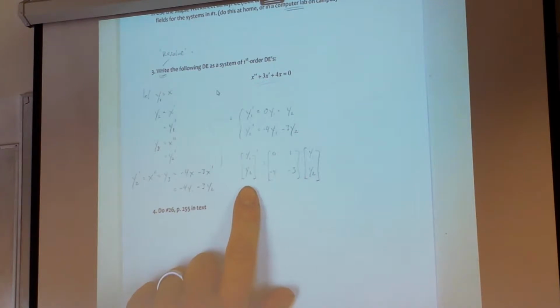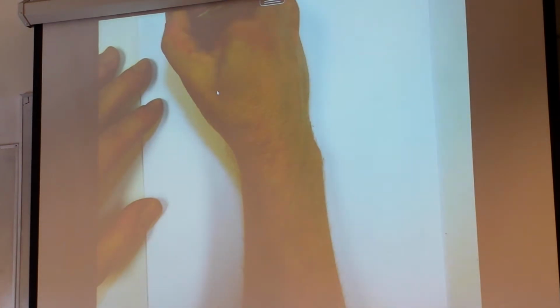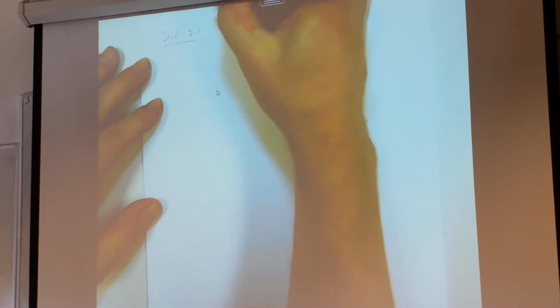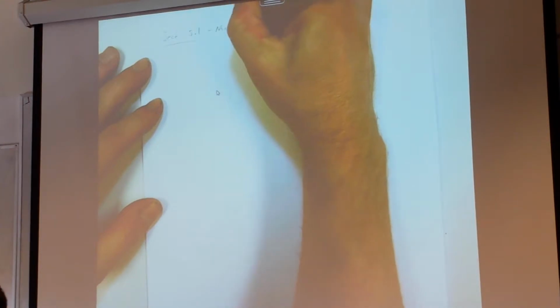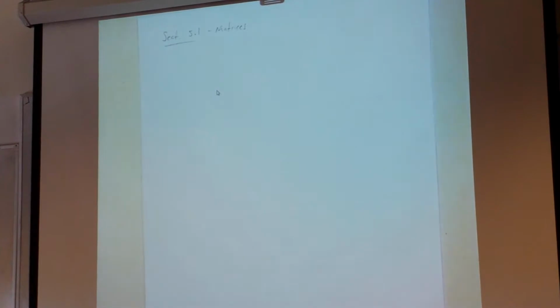We're going to do some review for some of you, an intro for others of you into linear algebra. So, matrices and how we can handle differential equations using matrices.